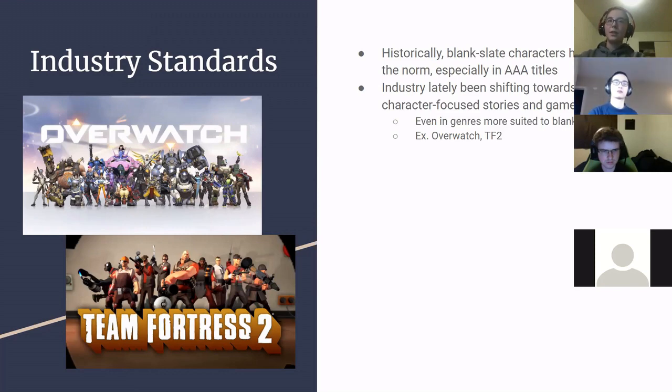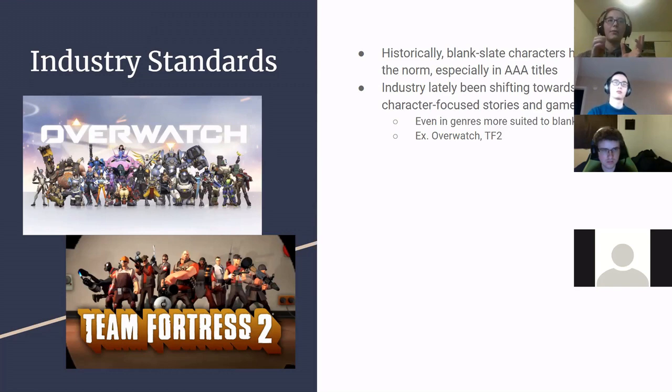they've been shifting more towards having more defined characters, more character-focused stories and games, and even character-focused aspects in games that you wouldn't usually think you'd want or need characters in, like Overwatch and TF2.